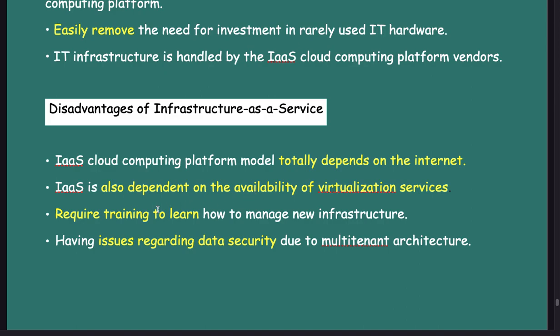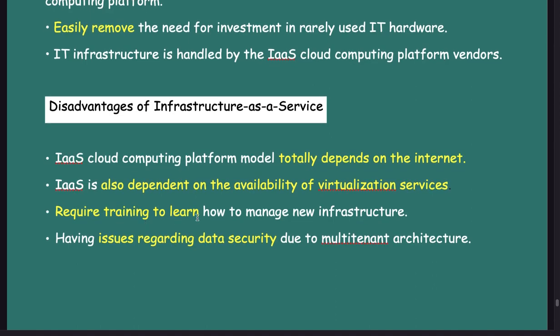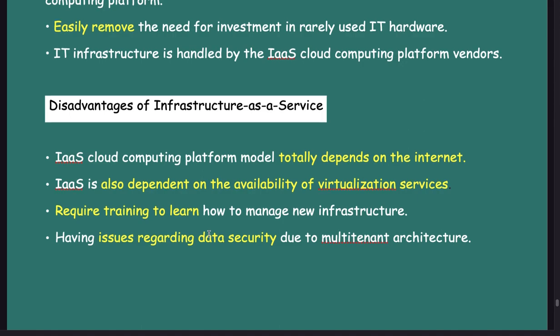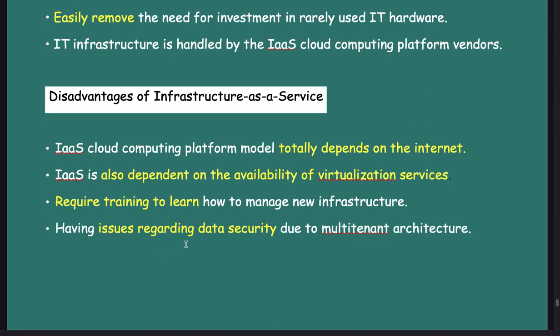It requires training to learn how to manage the new infrastructure. And it has some issues regarding data security due to multi-tenant architecture. So these are the disadvantages of the infrastructure as a service model.